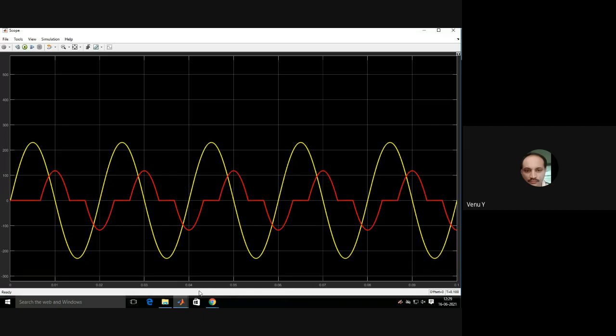Yellow color is voltage waveform, red color is current waveform of TCR.